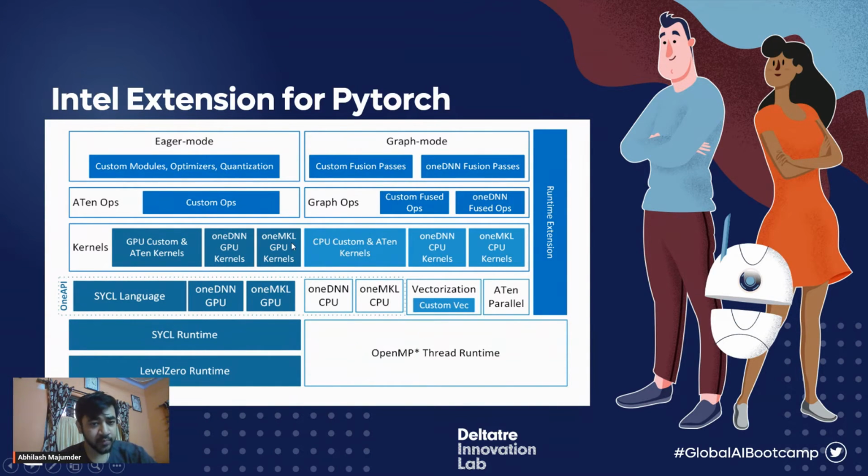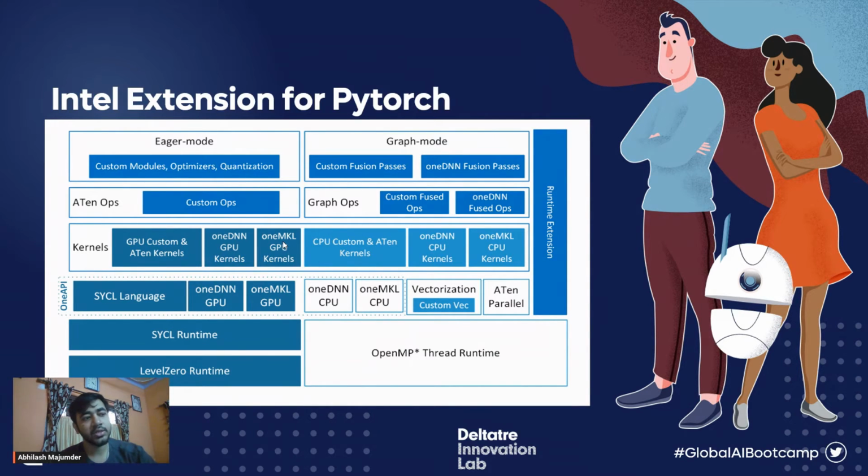And oneMKL is the math kernel library, which is present in every deep learning library or framework that you see. You have PyTorch, you have TensorFlow, you have JAX, everywhere.